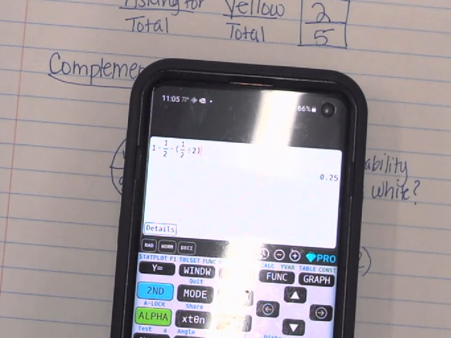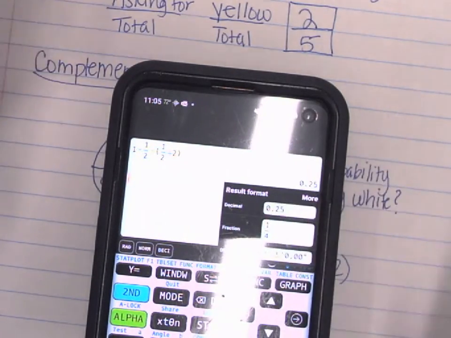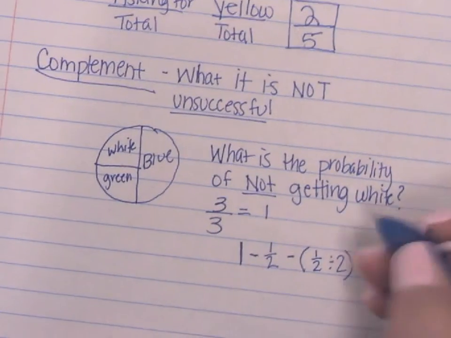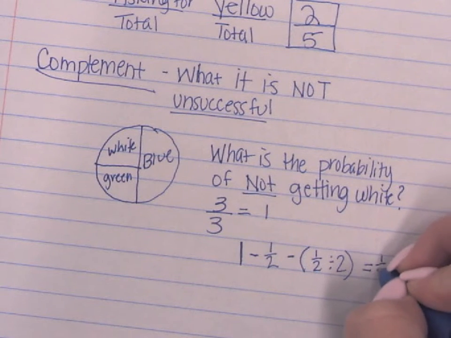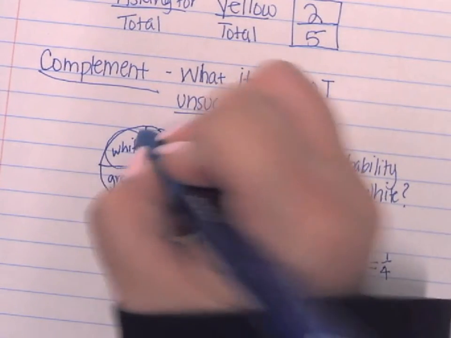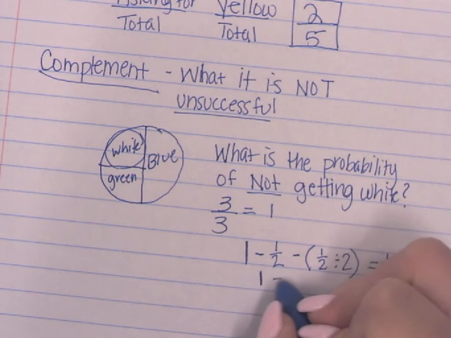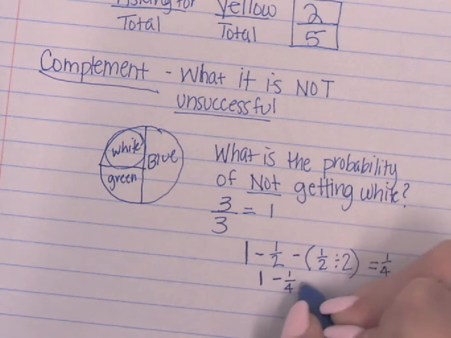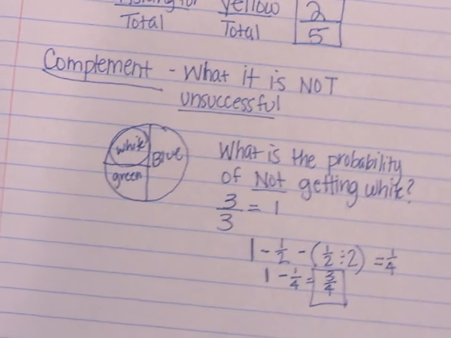And close my parentheses. It is 1/4. So the part that is not white, this is 1/4. Okay, so 1 minus 1/4 is 3/4. 3/4 is not white.